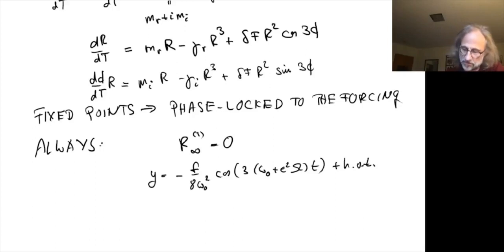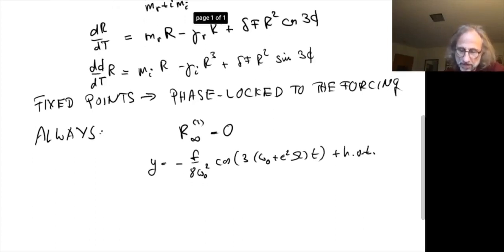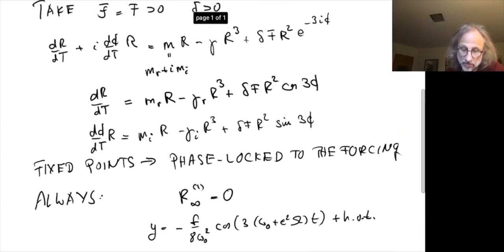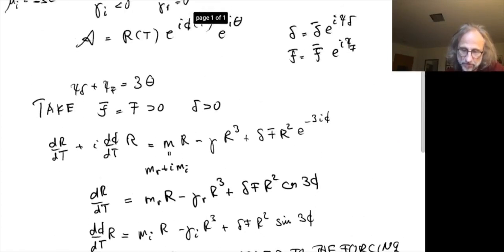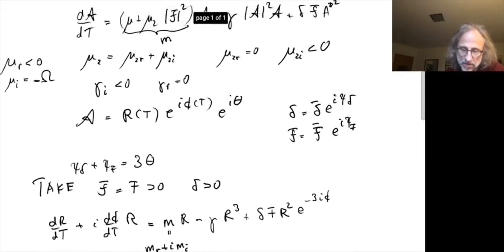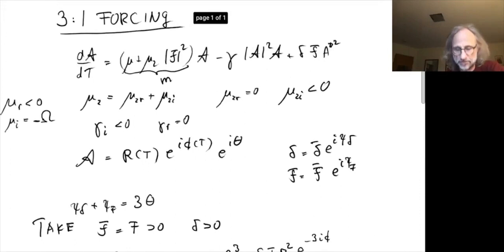So that's one solution. That's the solution corresponding to r equals 0, or also a equals 0. So let's look at the stability of that solution. The linear stability of solution a equals 0: for that we can ignore the cubic term and we can ignore the quadratic term. So it's just given by this term. And so the growth rate of that solution is given by this.